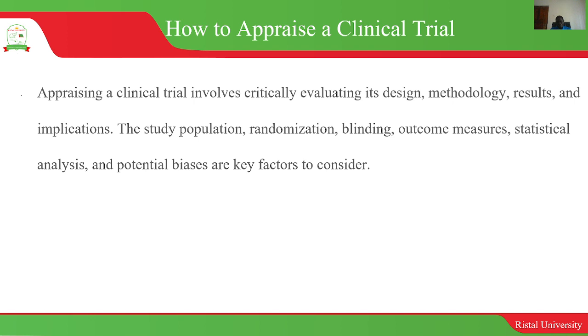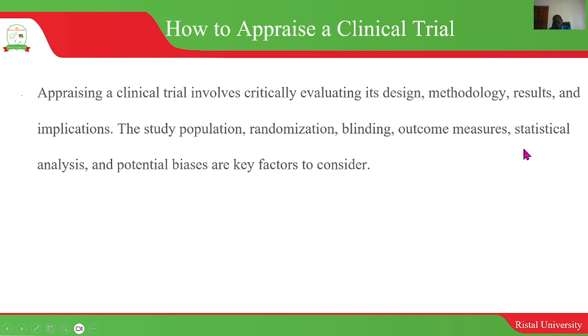If this is a cohort, we have a group that is getting the intervention, and then also the group that is not getting the intervention. But this will be at random, so that it minimizes the bias. Blinding means that participants in the different groups don't know what is happening with the other group, so that it also minimizes the bias.